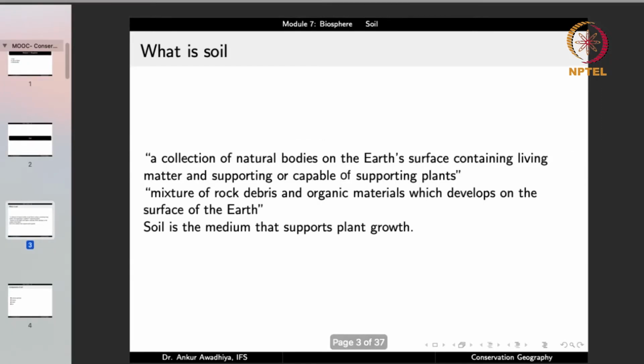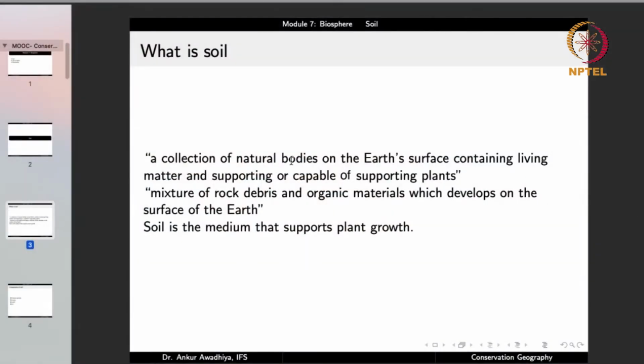So what is soil? Soil can be defined as a collection of natural bodies on the earth's surface containing living matter and supporting or capable of supporting plants. So it is a collection of natural bodies of different sizes. They can be coarse particles, they can be fine particles.